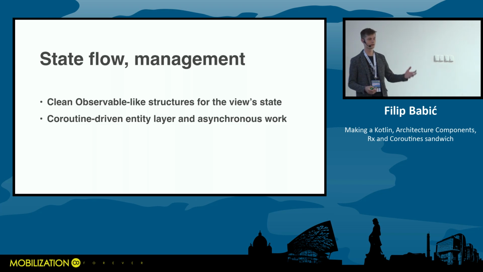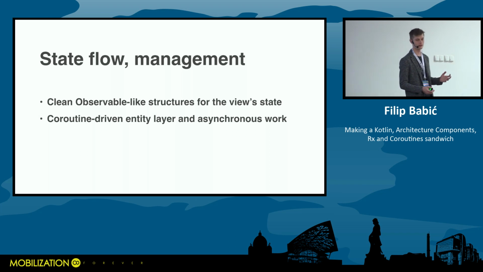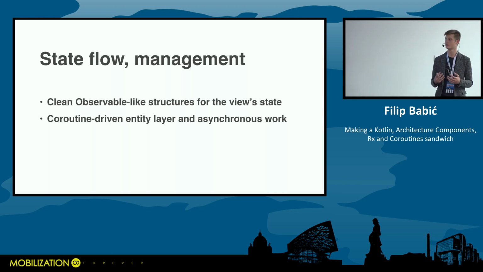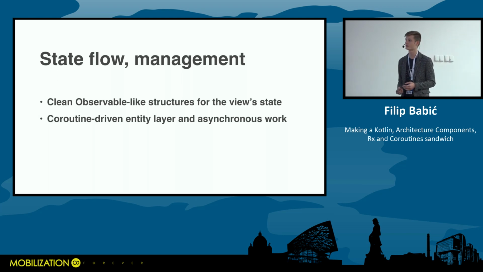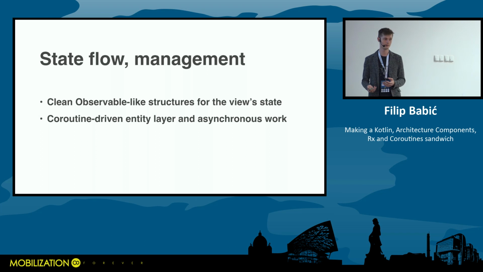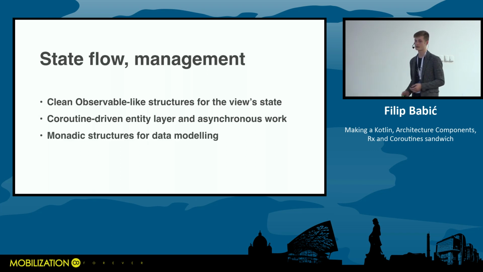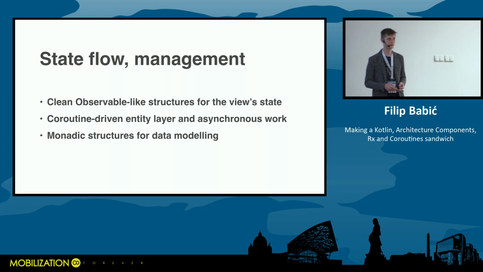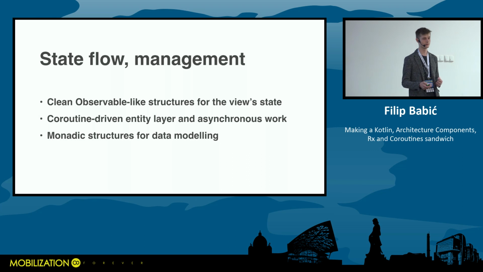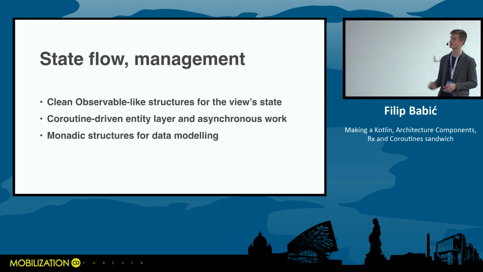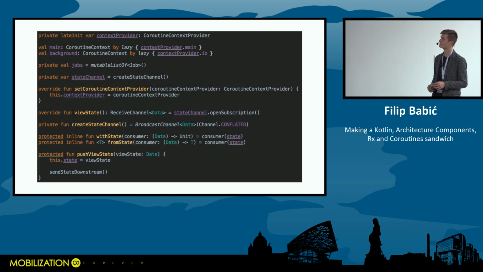So all the networking, database reading and writing should all be powered by, well, at least we want it to be powered by coroutines, because then we can have a really clean API, which we'll see a bit later on. And of course, monadic structures for data modeling. So there's a thing called result monad, where you have only two cases, and I'll just show it in a bit. First off, let's see how we're going to do the view state handling.